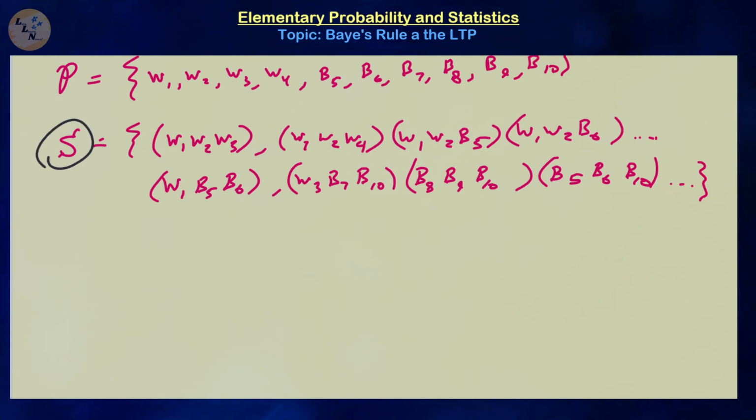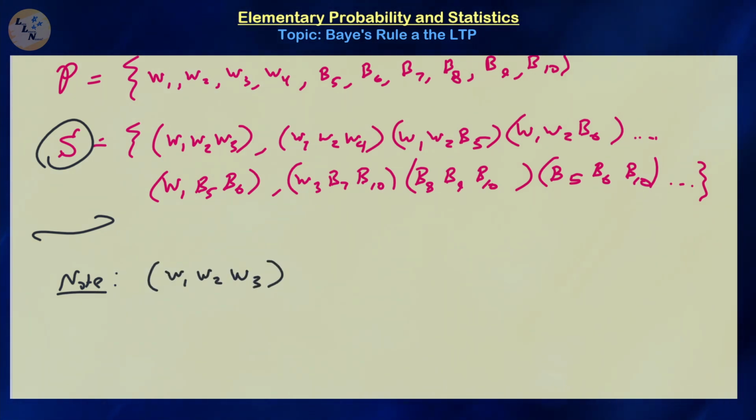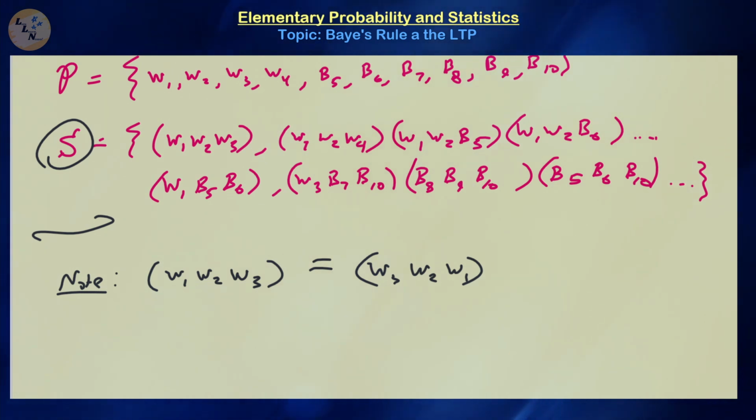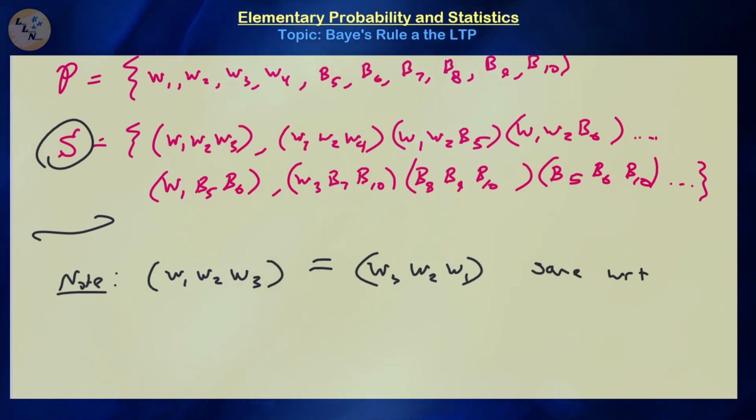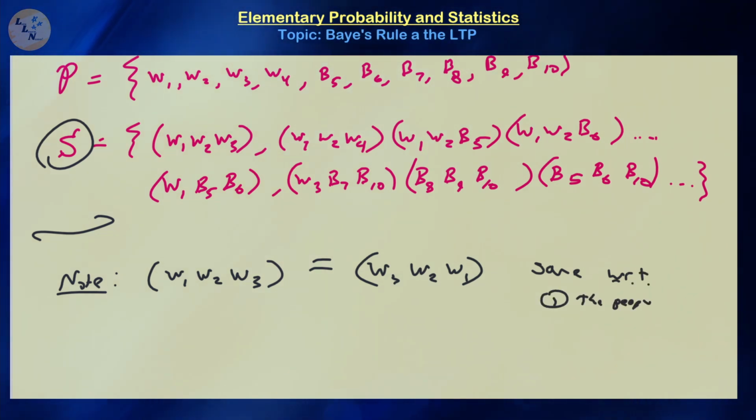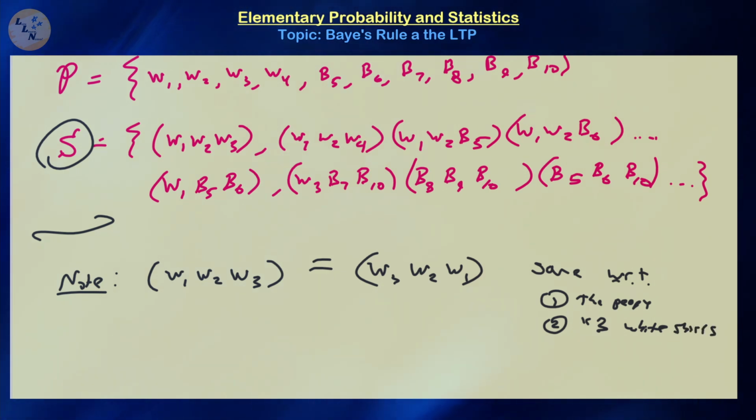So we need to figure out what the size of this sample space is, right? So how are we going to do that? Let us first observe that W1, W2, W3 and W3, W2, W1 are the same exact set with respect to 2 different criteria. These are the same with respect to the people, and the characteristic: these are all samples with 3 white shirts, right?